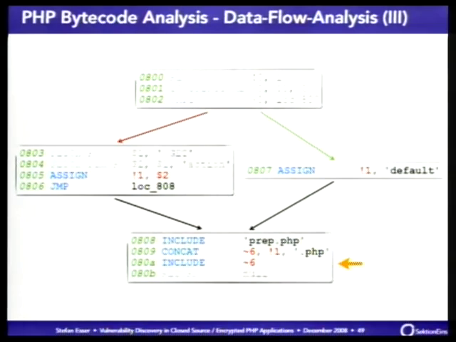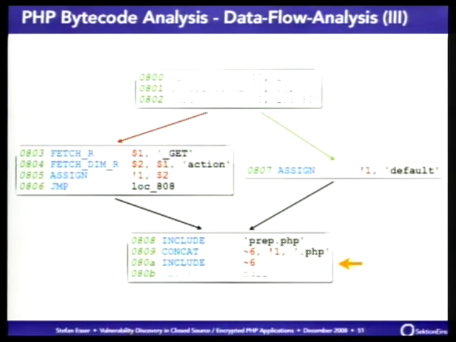So again, we go one line backward, and we see there's an array dimension on an array that is stored in temporary variable 1, and the key action, this is stored in temporary variable 2. So now we don't know what temporary variable 1 is, so we need to find out what this is.